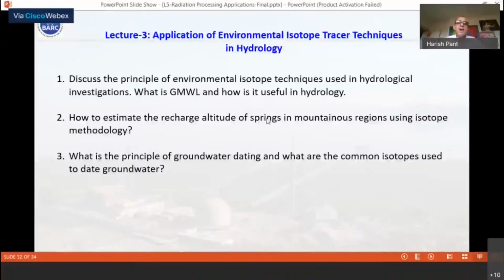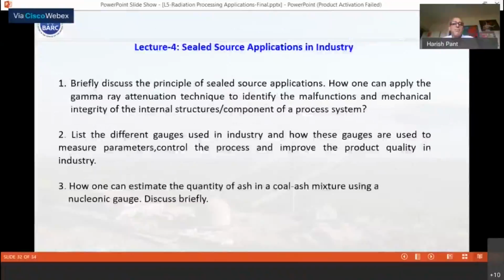How to estimate the recharge altitude of a spring? This is also a very simple question. What is the principle of groundwater dating, and what are the common isotopes used for groundwater dating? These are all very simple questions, and most of them are from things I have already discussed. Then the fourth lecture.